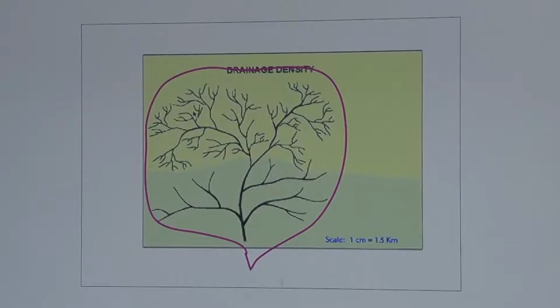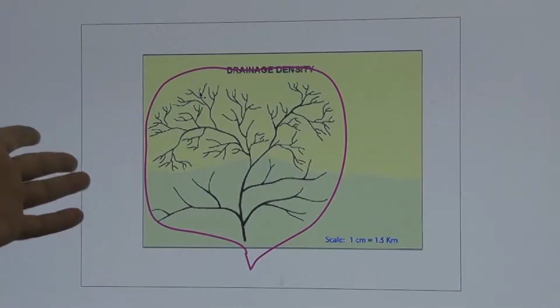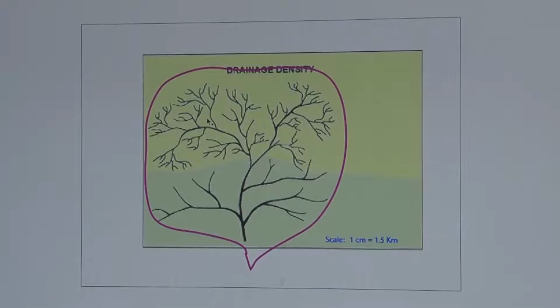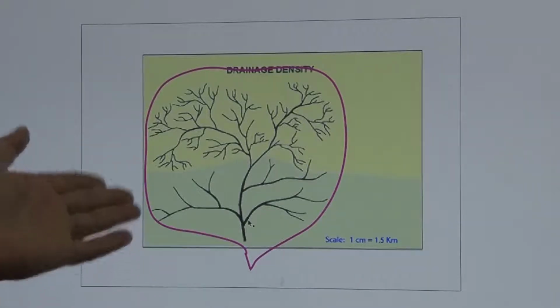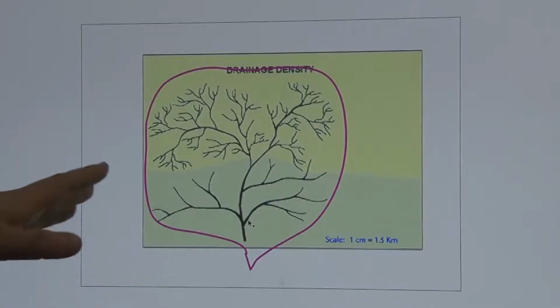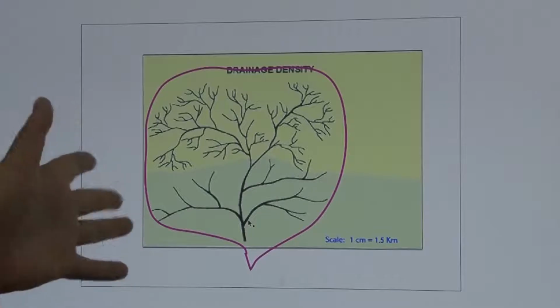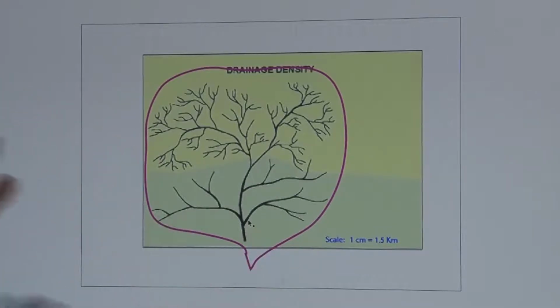You can also do this task in software known as River Tool and other software where you can measure the length of streams. So this is only to explain so that you can have a better idea of how to calculate the lengths of all these streams in the first order, second order and third order.